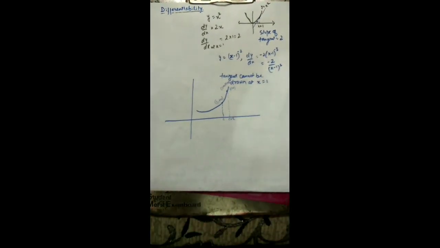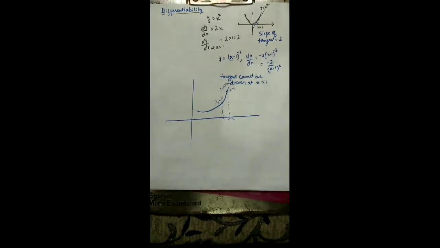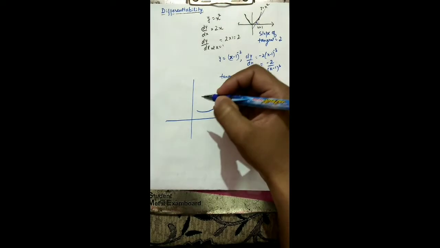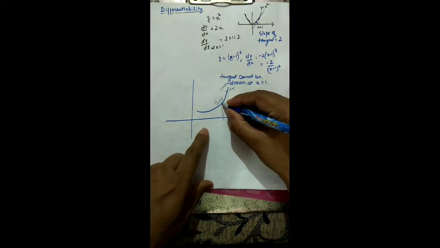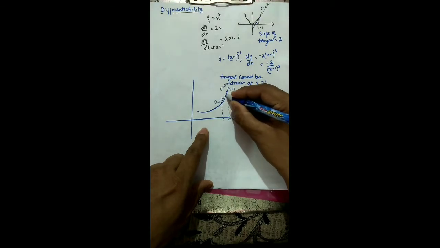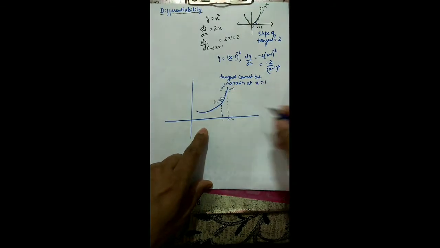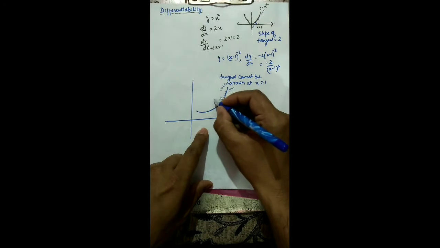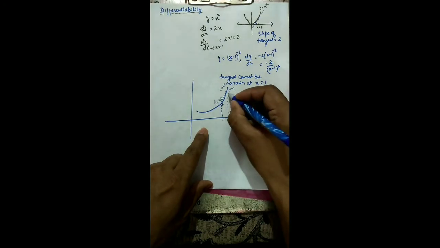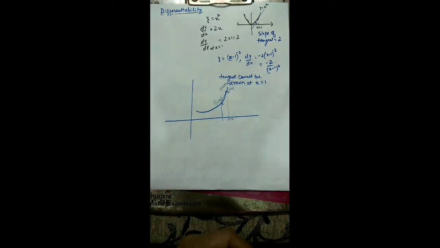Now you can see, if I want to draw the line segment, this is the line segment that I'm drawing, and we can also say this point as A, this point as B. So AB is a secant of this graph.